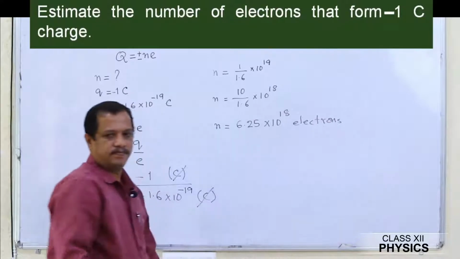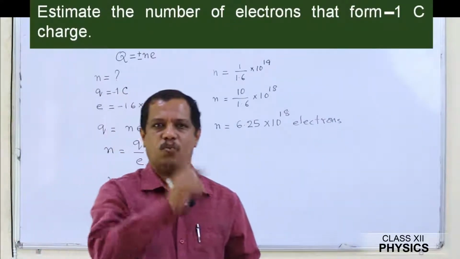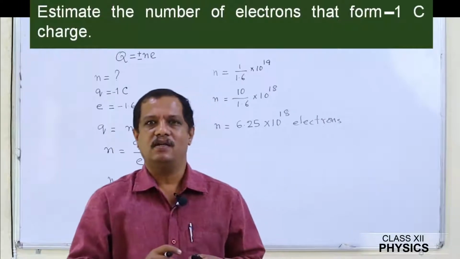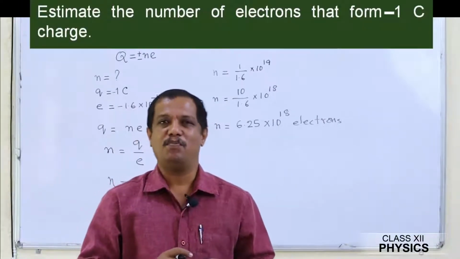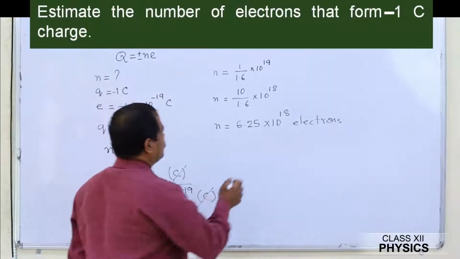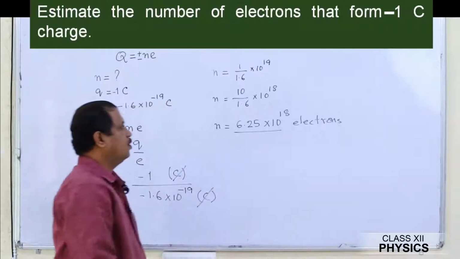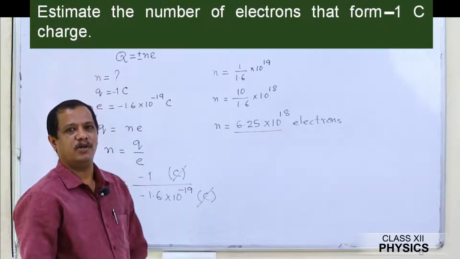So as such, the total number of electrons required to make 1 Coulomb charge on a body is 6.25 into 10 power 18 electrons. And if you try to visualize, this number is very, very huge.